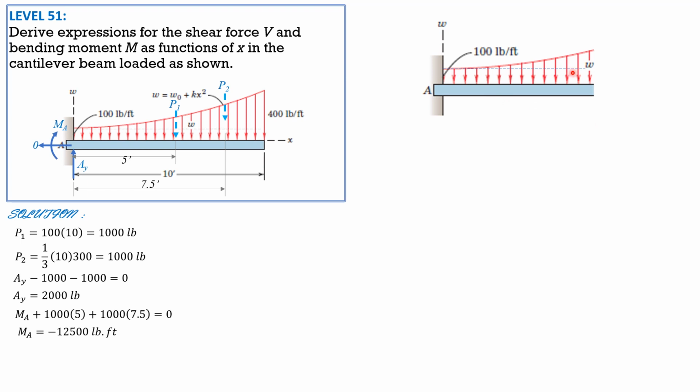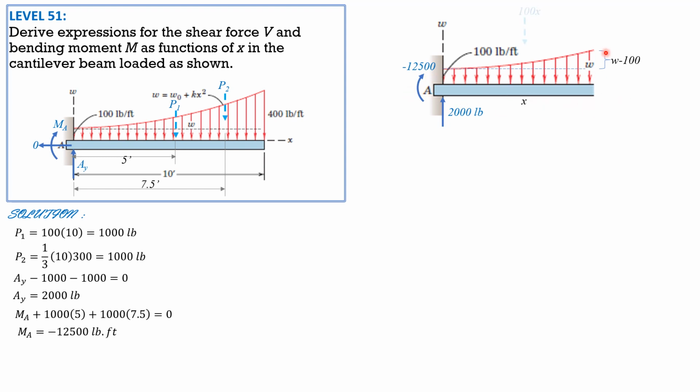So again, we divide the loading into two parts, rectangular and this parabolic part or spandrel of parabola. So this is w minus 100, and this is x. So we have positive shear, reaction 2000, then moment clockwise negative 12,500.